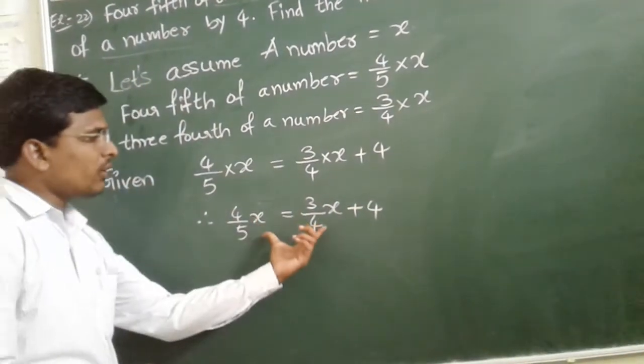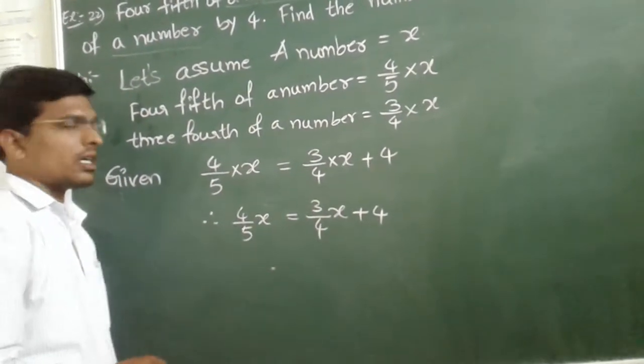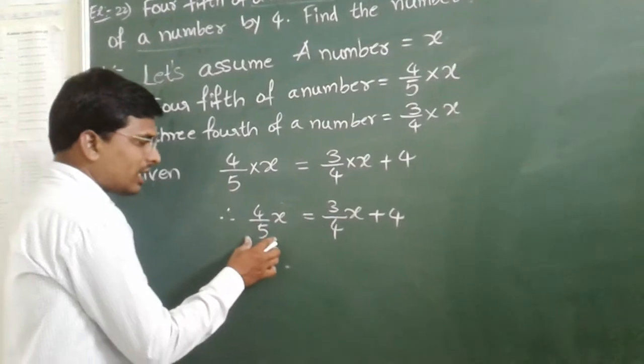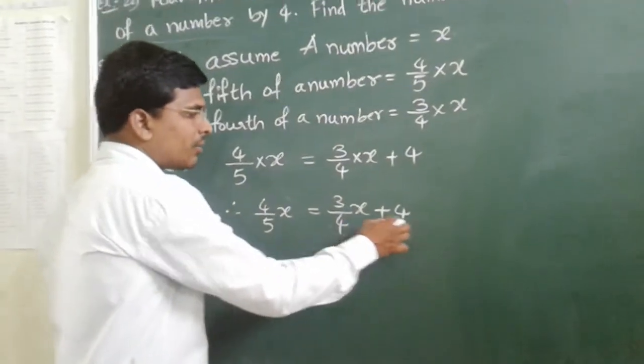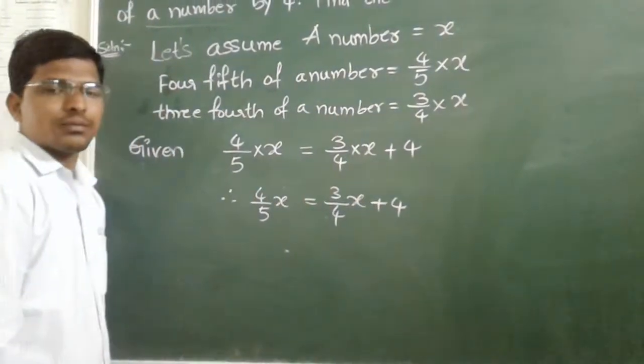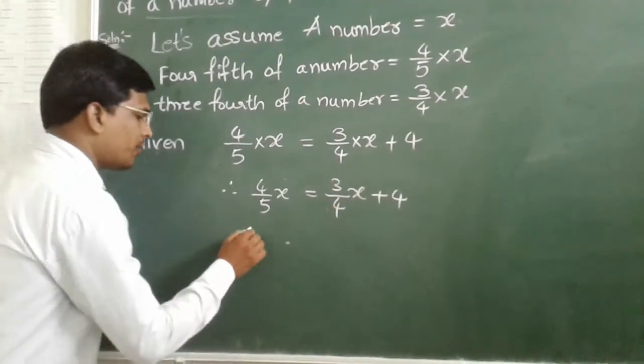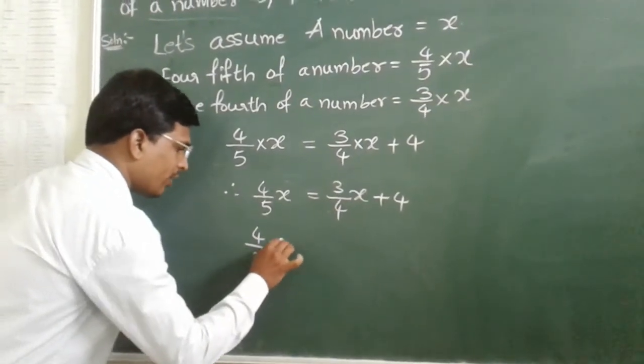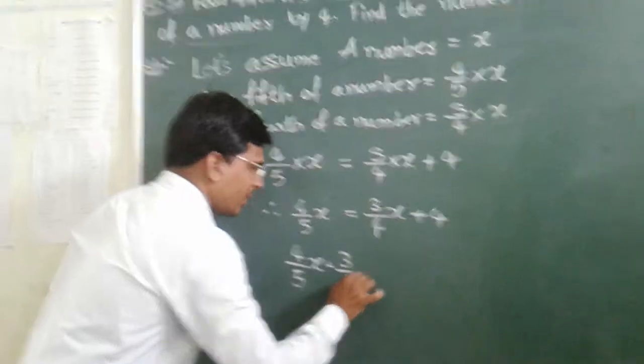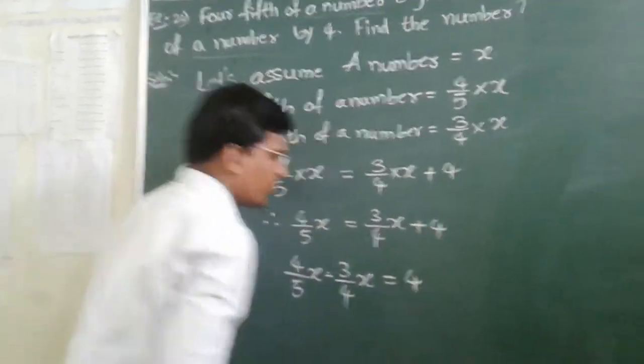Now take the variable terms to one side and constant terms to the other side. This is a variable term, this is one more variable term, and this is a constant term. So send this to the left hand side: 4/5x minus 3/4x is equal to 4.